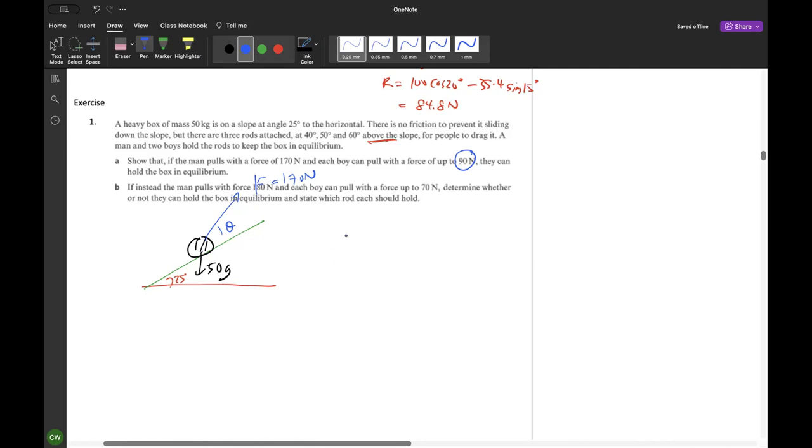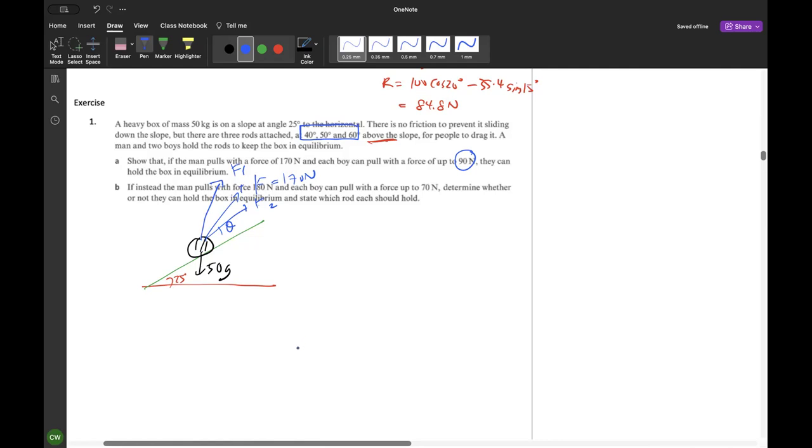Okay, now here we have three ropes, 40, 50, and 60. How to hold? So the three forces must be holding at different ropes. The ropes are fixed already: F1, F2, and F3.